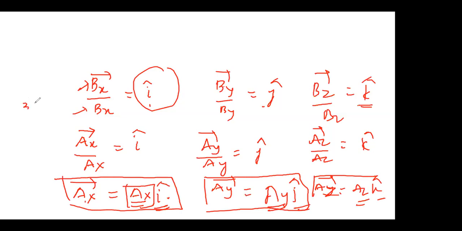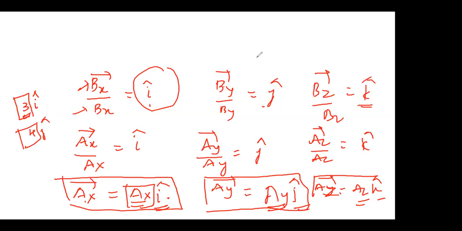Can you tell me, in 3 i cap, what is 3? It is the magnitude along which axis? X-axis. Correct. If I write 4 j cap, then what is 4? Magnitude along the y-axis. Correct.